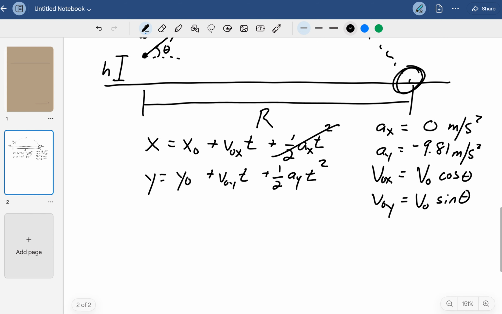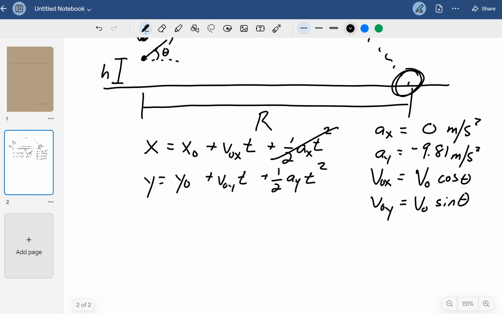Now our end goal is to come up with one equation that's going to tell us how far this thing went, the range that this thing traveled. To do so, the first thing we're going to do is take our equation for x and solve for t.